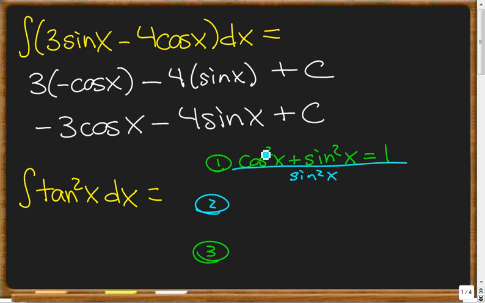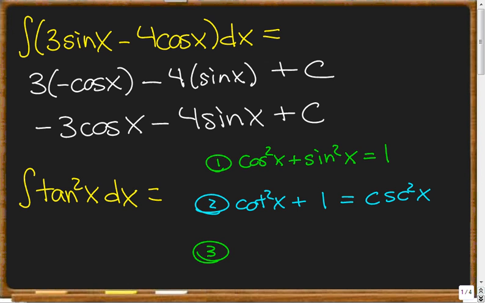So our second one, cosine squared over sine squared is going to give us cotangent squared of x. Sine squared over sine squared is going to give us 1. And 1 over sine squared is cosecant squared of x. So this is a way that we can go about creating the other identities. And this is a true statement, and you can create it as long as you know the top, which is pretty easy to read.